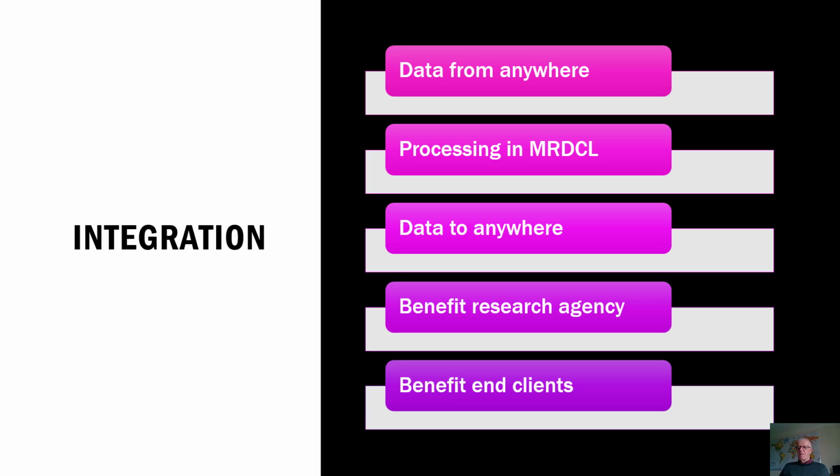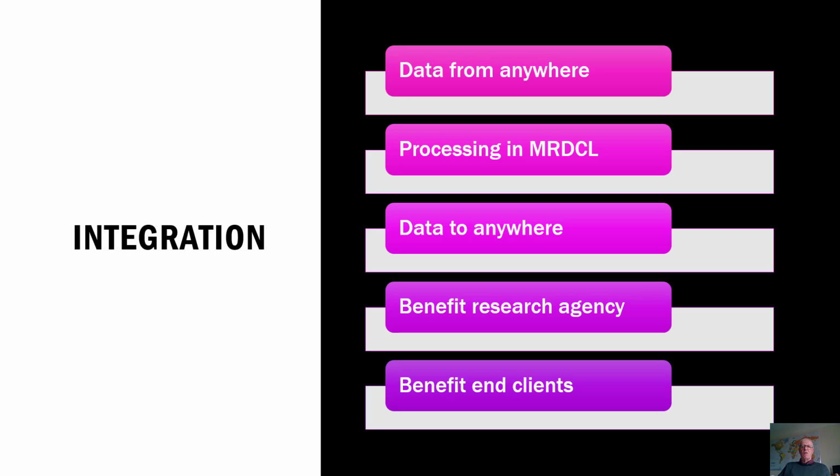And if we look a bit further on that, we're very excited by the new developments that we're hearing from TSAPI, which is going to be able to build an API so that you can link your data to business information systems, for example, and MRDCL will be adhering to that as soon as that development is completed. So a lot of benefits for research agencies because it means that they can deliver whatever their clients want.